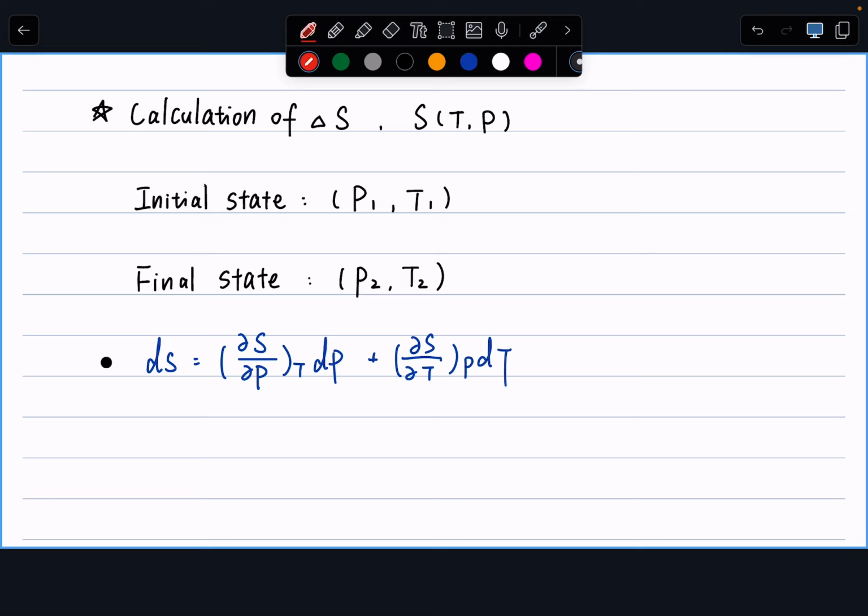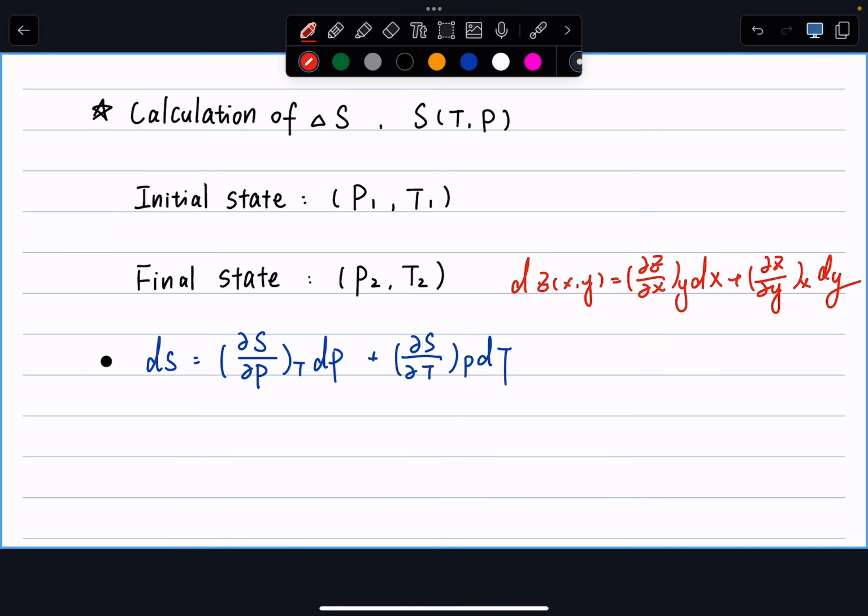Now this is just writing the total differential of dz as a function of x and y: dz over dx at constant y, dx, plus dz over dy at constant x, dy. And there are several things we already solved. For example, this one is the pressure dependence of entropy. That's something you either already solved or you know how to solve. So that equals negative alpha V.